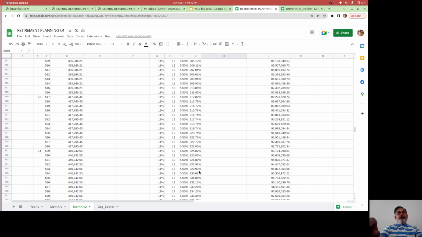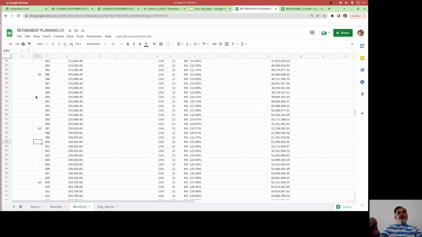Here we start with 6% inflation at the age of 60, and after 65, every 5 years we start varying the inflation rate.